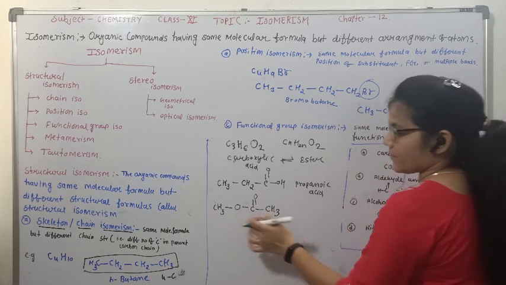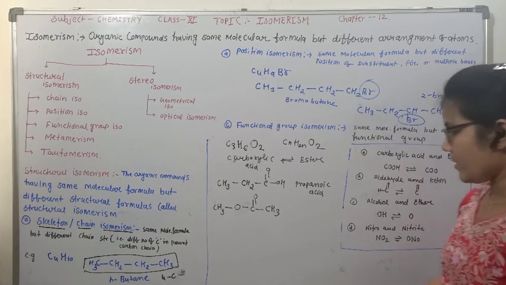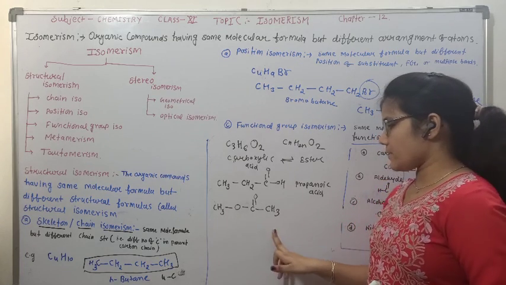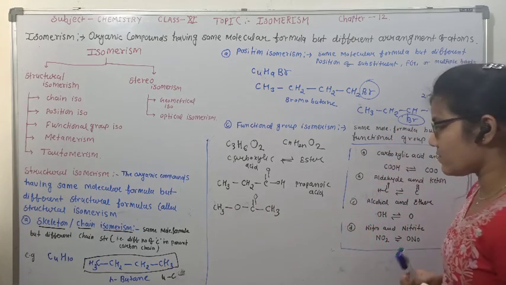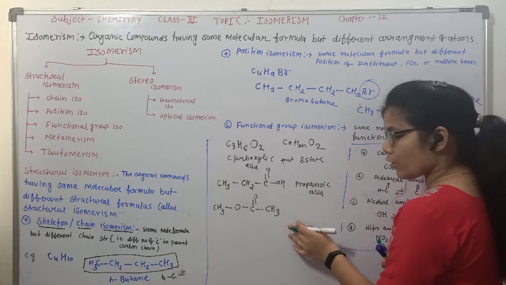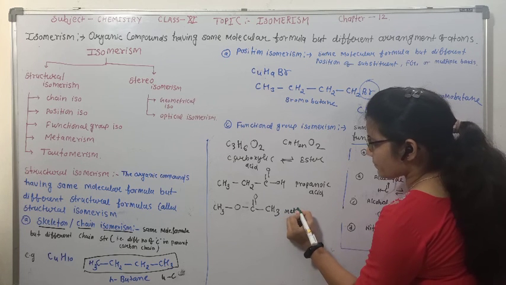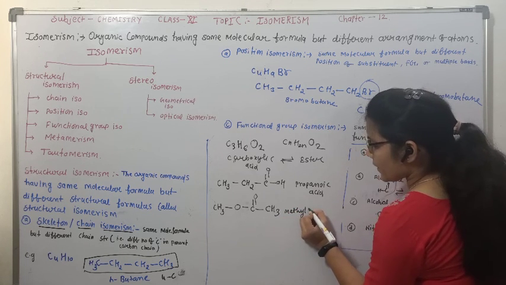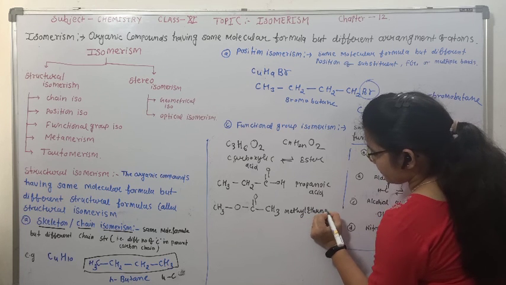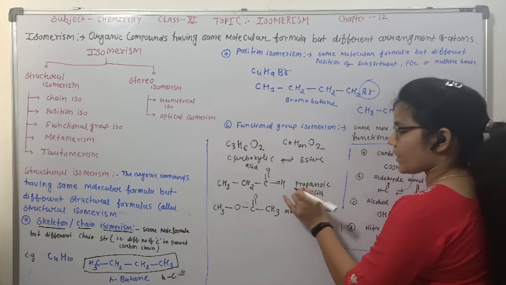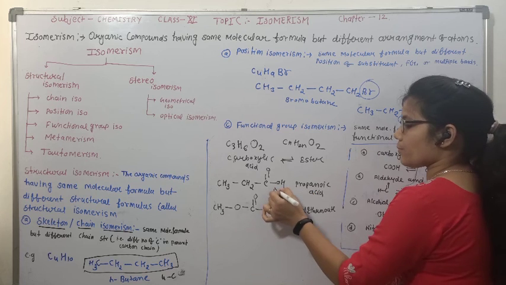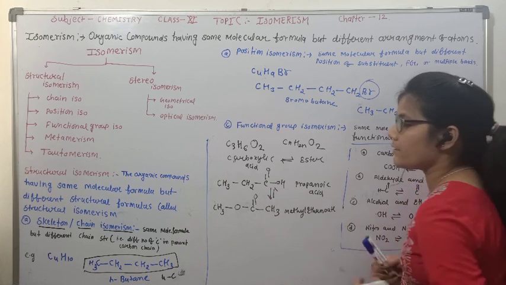So having the same molecular formula C3H6O2, this is an ester, and this compound is what? Methyl ethanoate. Okay, and these two are functional group isomers of one another.